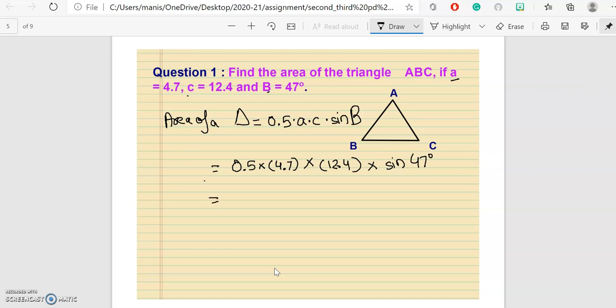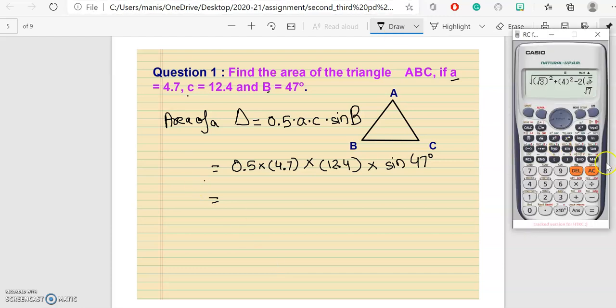I will type all of these values in my calculator to find my answer. So, let's pull up our calculator. It says 0.5. This is the reason why I use 0.5 instead of 1/2, because it becomes easy when I am typing in my calculator. Since there is no square over here, I am not using parentheses, but if there was a square somewhere, I would have to use parentheses to avoid making any kind of mistake.